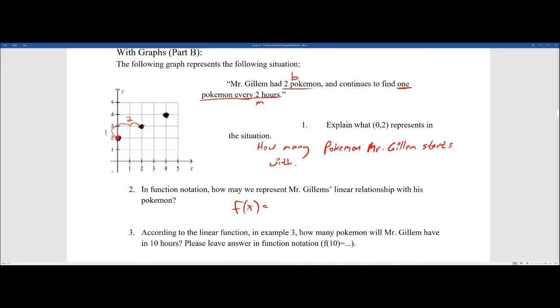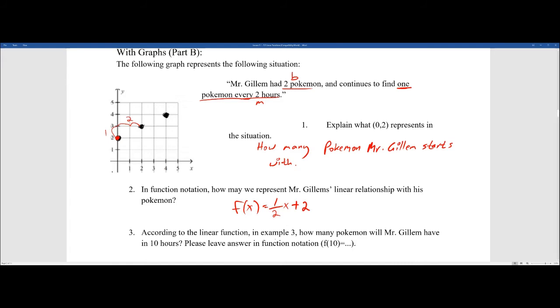That's good to know. So that means 1 Pokemon per 2 hours, every 2 hours. So x is the hours, plus, well, he already started off with 2, so that would be your slope there. Or, I'm sorry, your function.